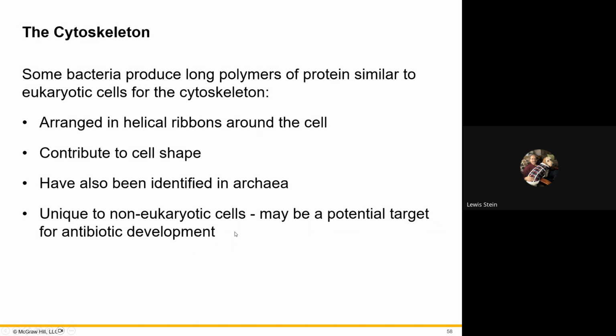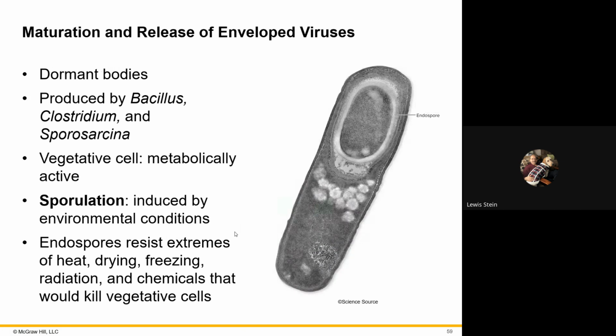Down the road, that's something that they might address, because you're always looking for differences or things that are interesting to attack vis-a-vis trying to control disease. Like I said, we're running out of antibiotics. We're always looking for new ones, and we're looking for other methods to deal with them.